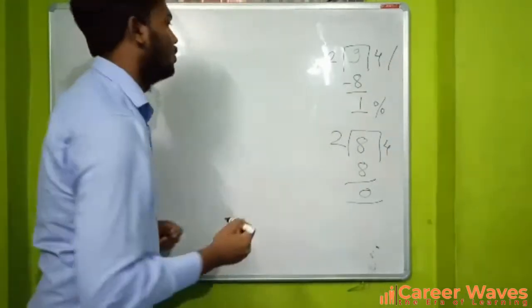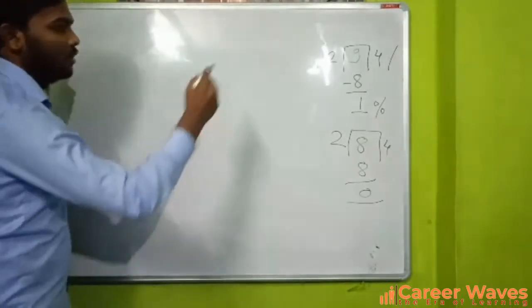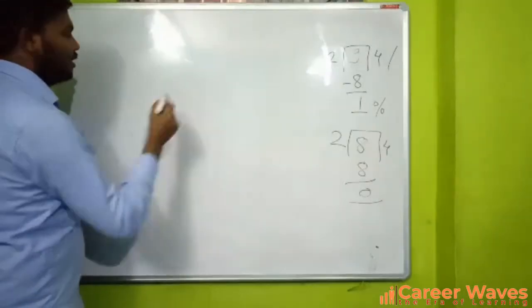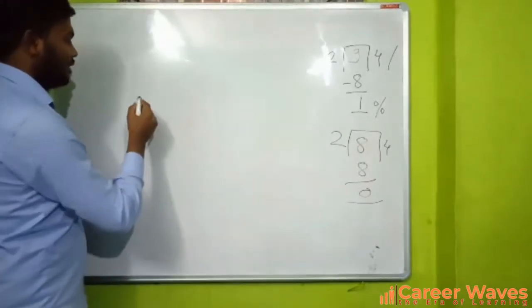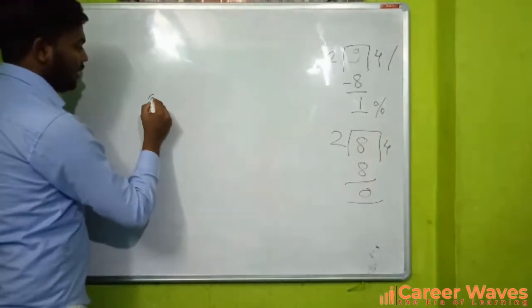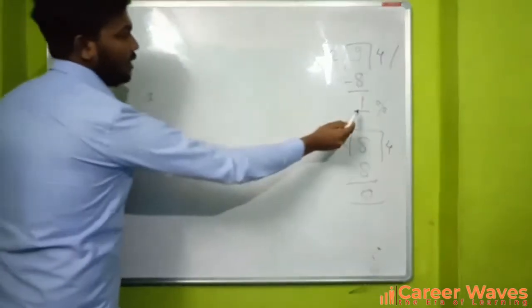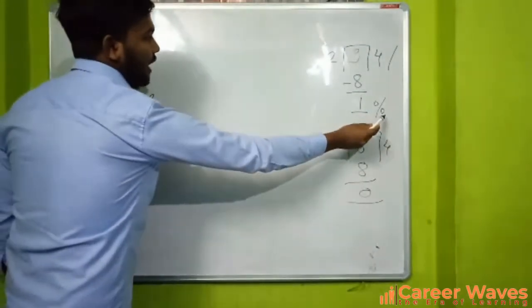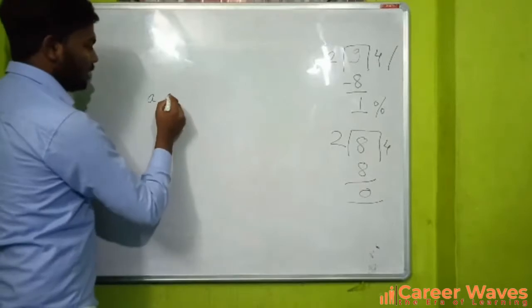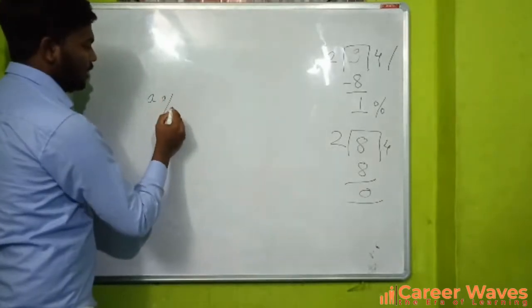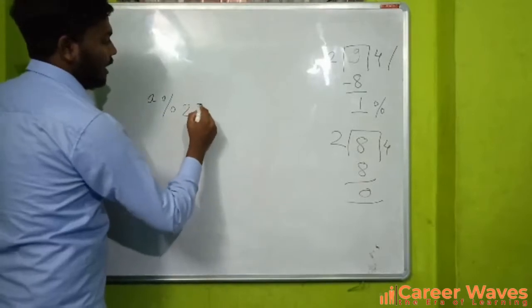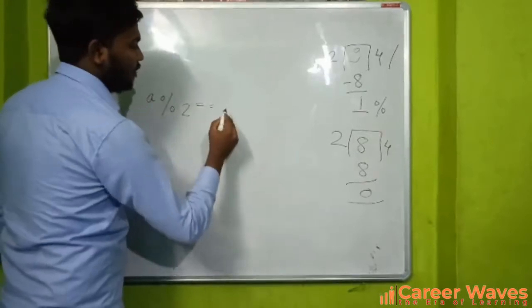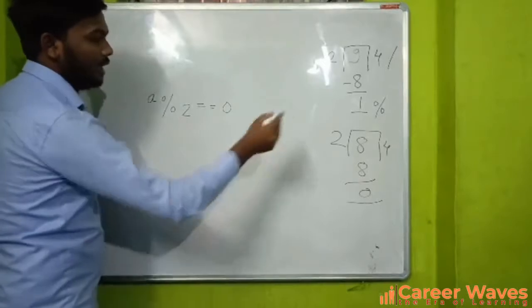So let us write the code. Let us write the main code. Say a is the number that we have entered, and we want this remainder. For that we should use the modulus operator. Modulus with what? With 2, and if it is 0, then we can say that the number is even.